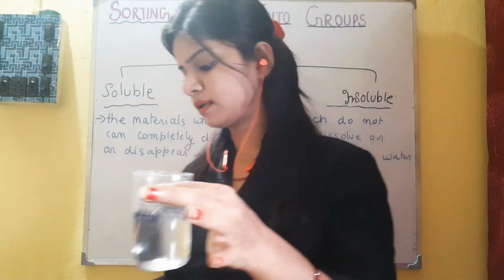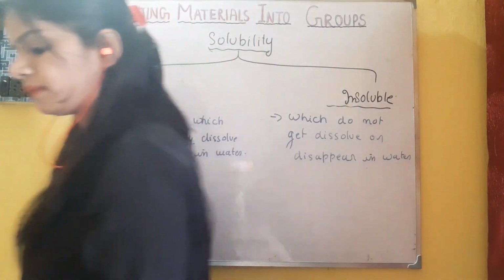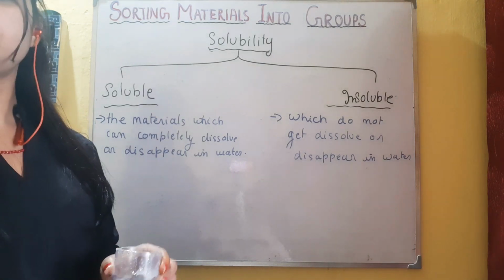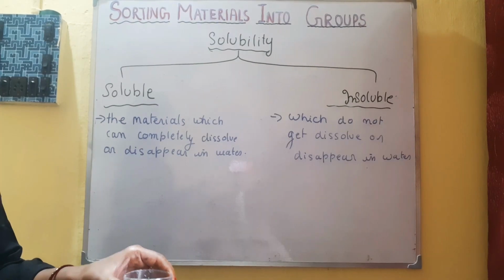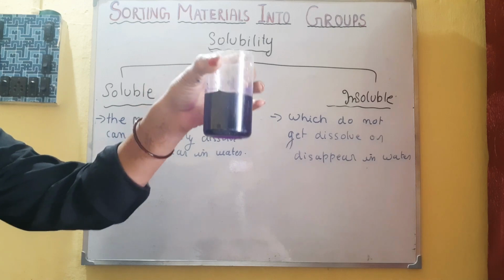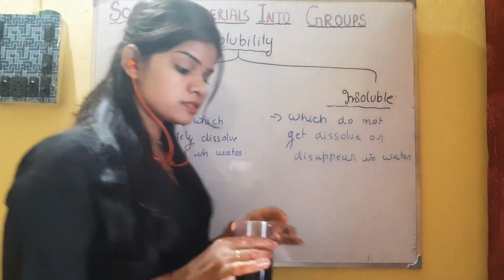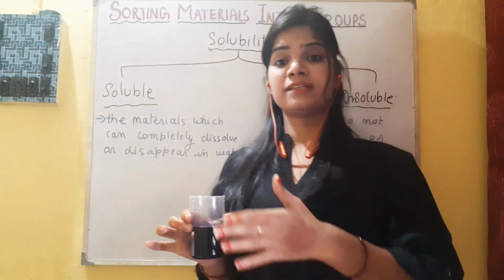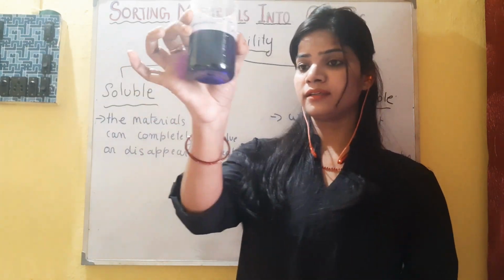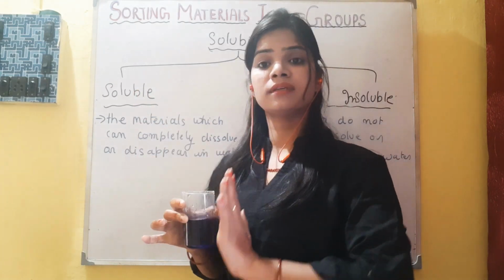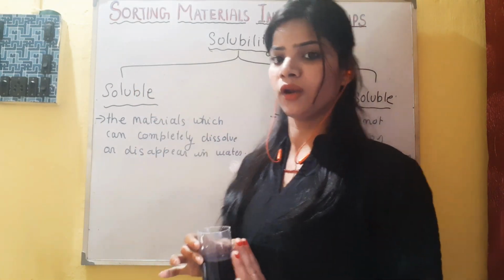Okay, after some time, we will see that the ink has completely dissolved in the water. Means we cannot see water and the ink separately in the same glass. Okay, so that means ink is soluble in water.